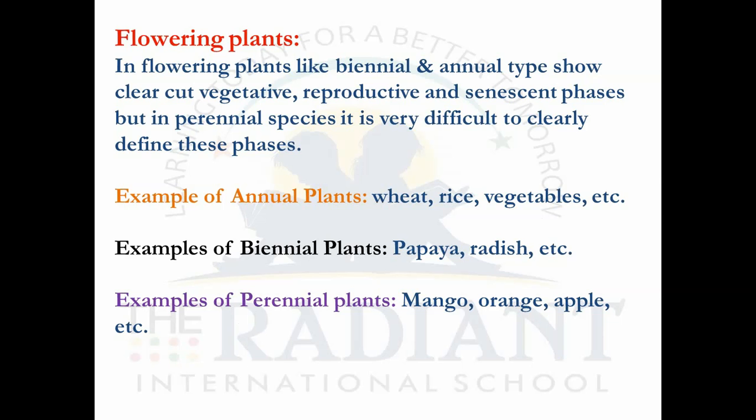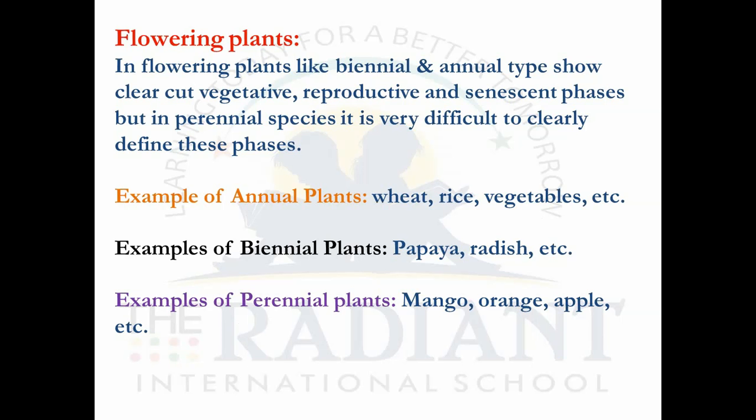In third, perennial plants, these are mango, orange, apple. Once they achieve the reproductive phase, after seed germination they grow in size. After growing, they start producing flowers, that is they begin the reproductive phase, and then every year in a particular season they produce flowers, fruits, and seeds.